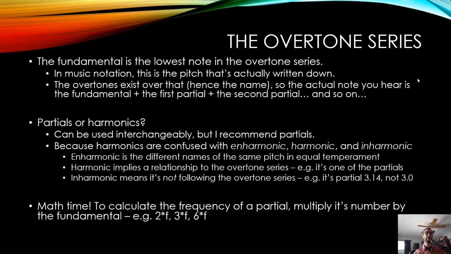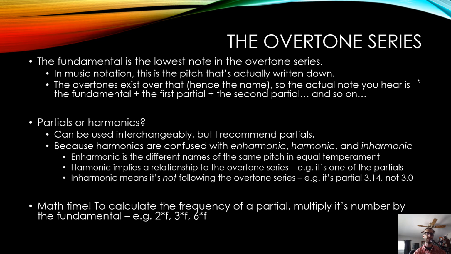Again, the terms partials or harmonics can be used interchangeably, but I'm going to recommend partials because harmonics can be confused with enharmonic. You know, why is D sharp the same as E flat? Well, in equal temperament, they are. And inharmonic, and we'll talk about harmonic and inharmonic in a little bit. But enharmonic means that they are the same pitch in equal temperament.